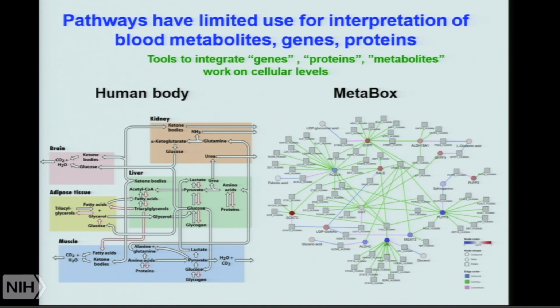So the problem is that we want to achieve a systemic understanding, and usually we then say we will look at genes and proteins and metabolites, but all these parts of the system work on the cellular level.